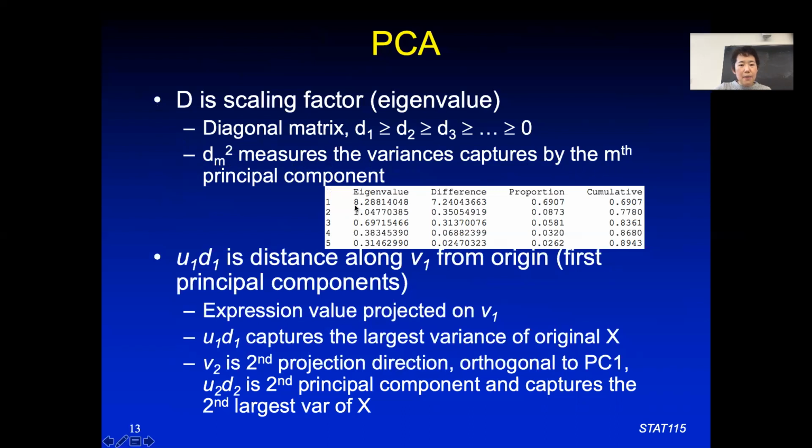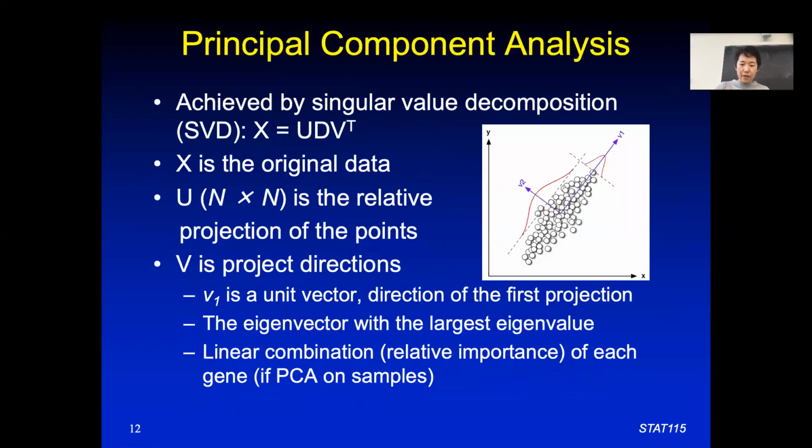So for example, if you have the eigenvalue of this, it basically tells you how much variation the first principal component is able to capture. In this case, the total data has huge variation. If you just use a linear combination to project all the genes, how much variation is it able to capture?